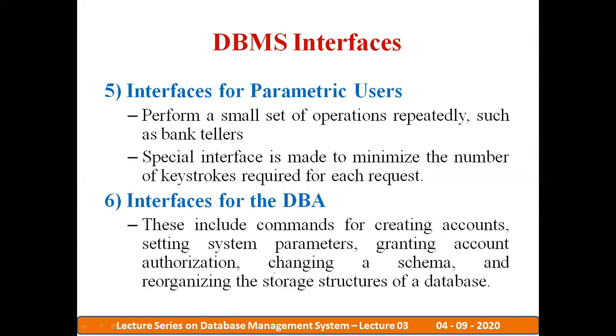Then the fifth one is the parametric interfaces for the parametric users. As I said, parametric users perform some set of operations repeatedly, such as bank tellers. The main goal of the interface in this case is to have the minimum number of keystrokes required for each request.